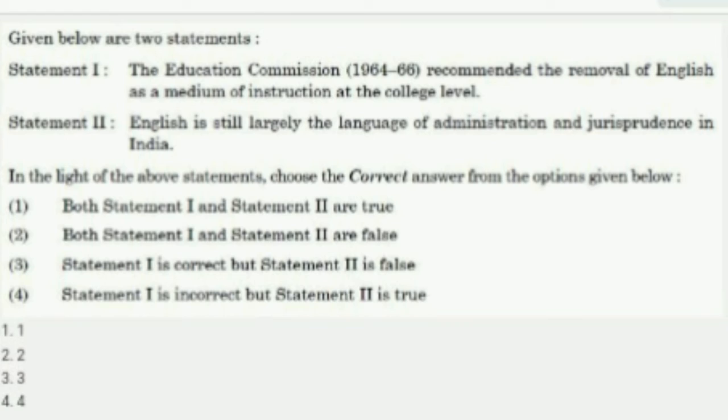So, we can see it never recommended the removal of English as a medium of education at the college level. And from our experience, we know that English is still the language of administration in India. So, we can say that statement 1 is incorrect and statement 2 is correct, which means the right answer to this question is option 4.